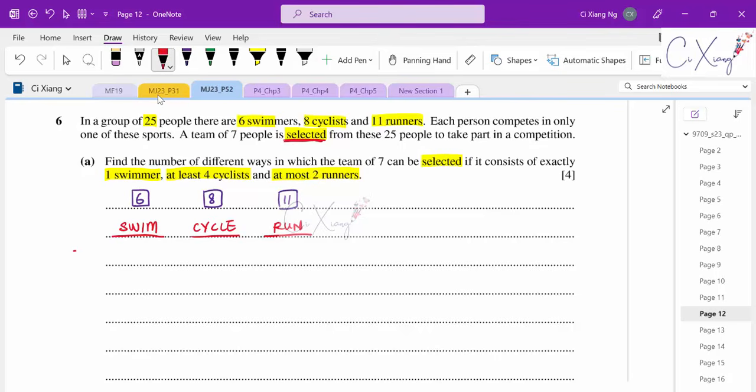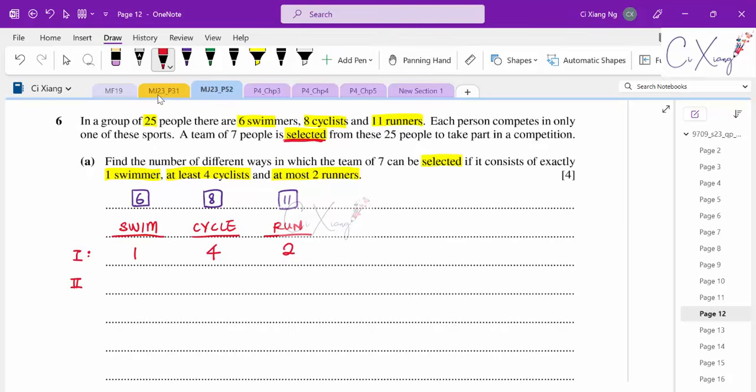Now I want to list out all the possible cases that fulfill the restrictions in the question. For a team of 7, I must have only 1 swimmer, at least 4 cyclists and at most 2 runners. So I have 4 cyclists and 2 runners. This is the first case that fulfills the restrictions.